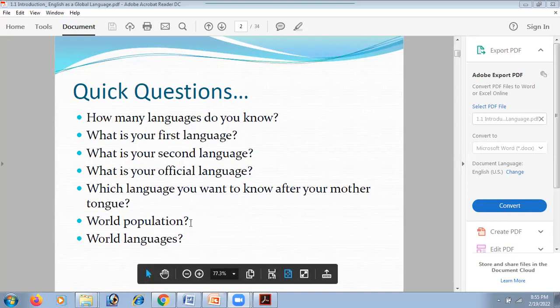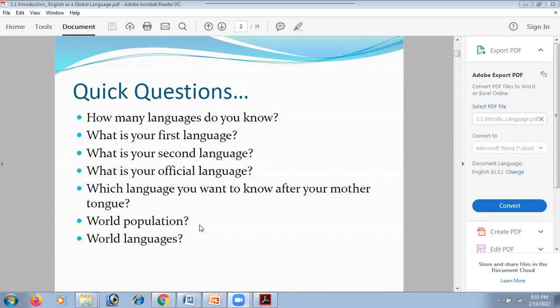In this world, there are approximately 212 or 210 countries, roughly, according to the Google information. And there are nearly 800 crore people living in this world, and they use 3,500 languages for their communication, and it has become a scenario.